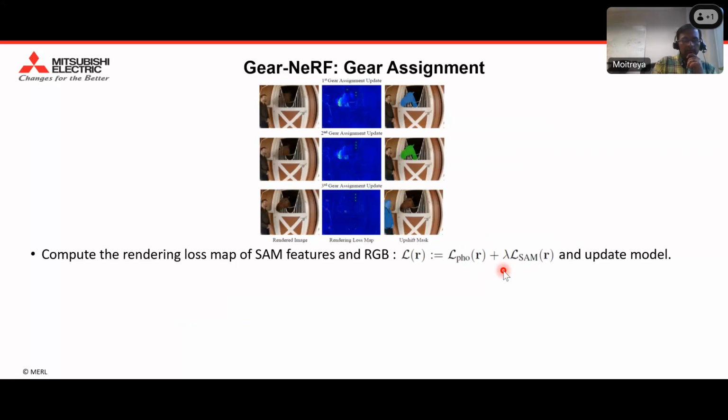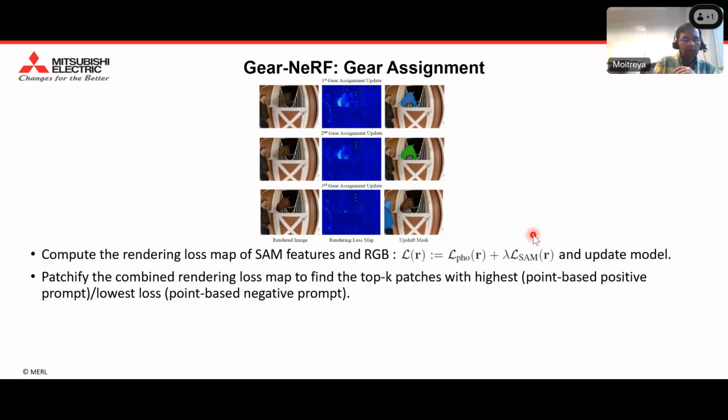So a little bit more about the gear assignment, I guess. The total loss is essentially nothing but a sum of the photometric loss, which is the first term and is just a measure of how accurately one is rendering the color or the RGB part, and the SAM loss, which is how accurately you're reconstructing the semantic aspect of the scene.